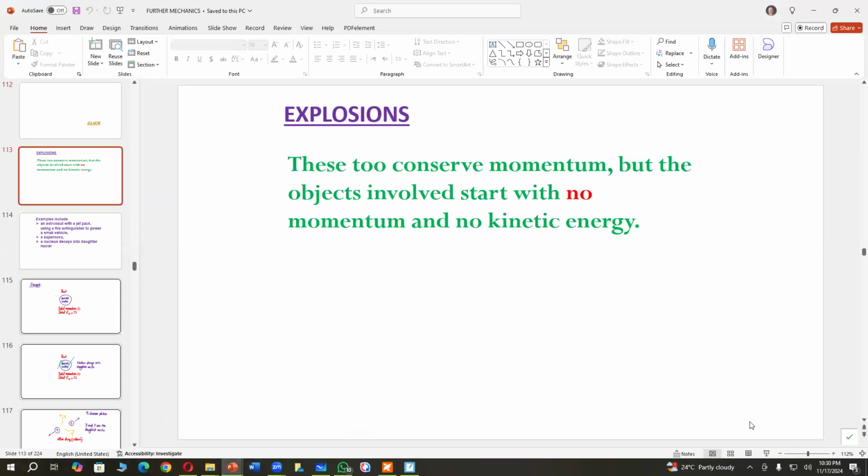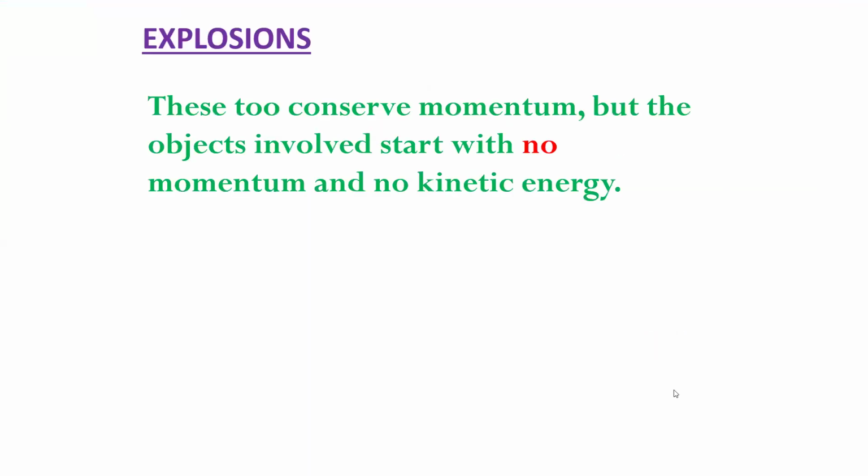Now we complete our momentum chapter, and here is the last title, explosions. Explosions are like those conditions where objects get away from each other, like nuclear fission is an explosion. So when objects break down, one of the biggest examples which can be given is the Big Bang.